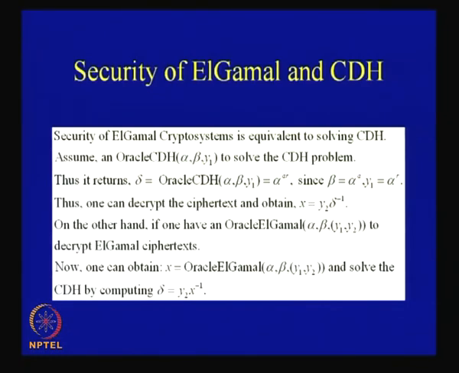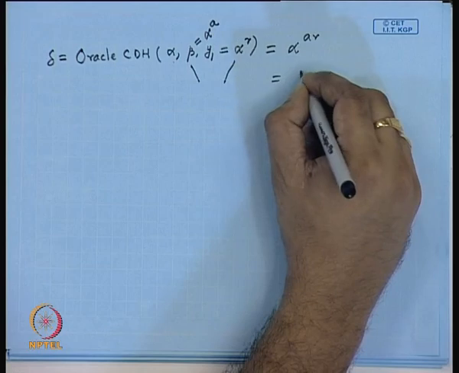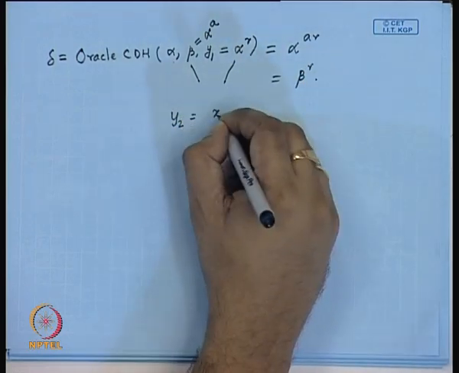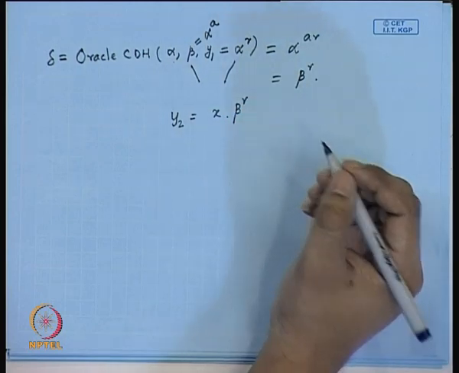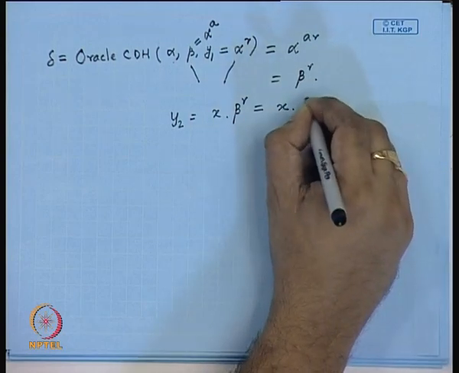How? Because you know that if you are able to obtain the value of alpha power of ar, then alpha power of ar is nothing but beta power of r, right, and you know that y2 was equal to x multiplied by beta power of r, right, that is nothing but x multiplied by delta.